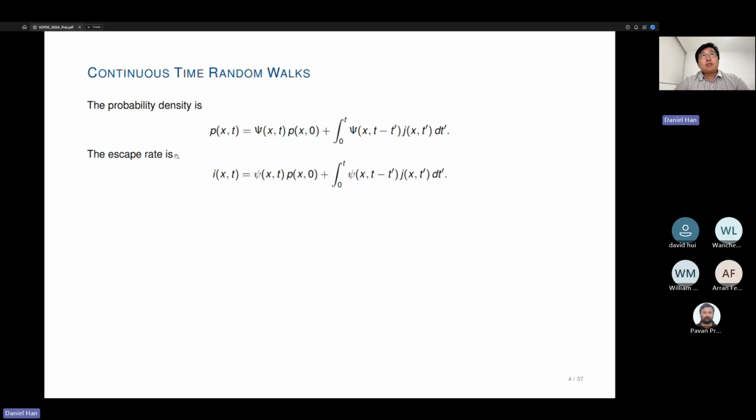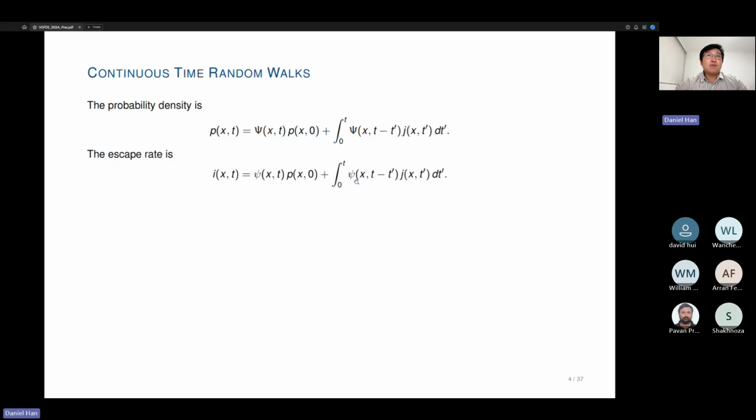Next, I will define the escape rate. This is basically saying how much probability density, or within a finite interval you can call it probability mass, is leaving my site x or some finite interval of space.